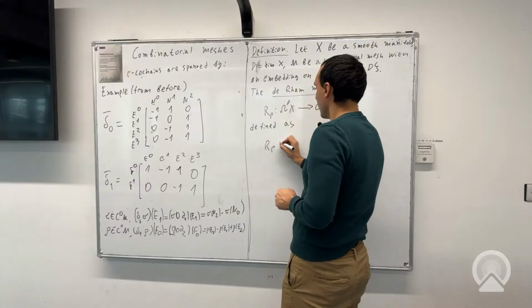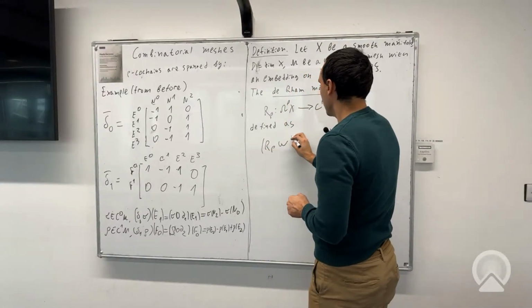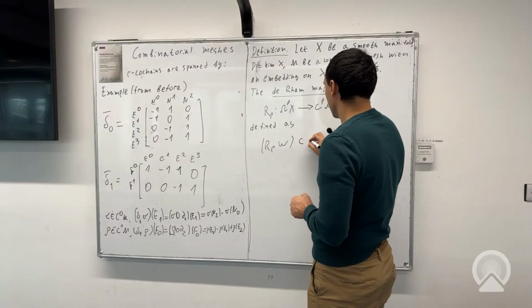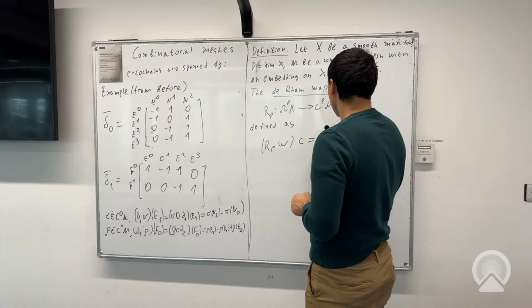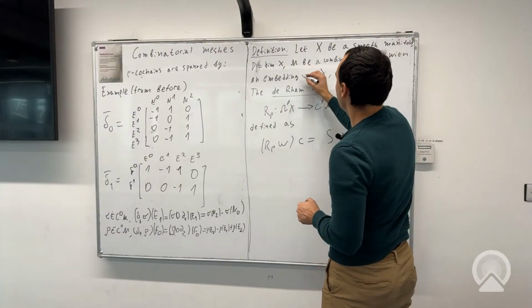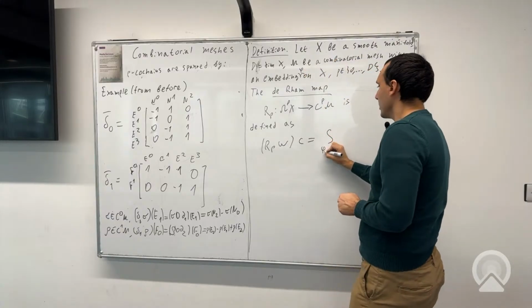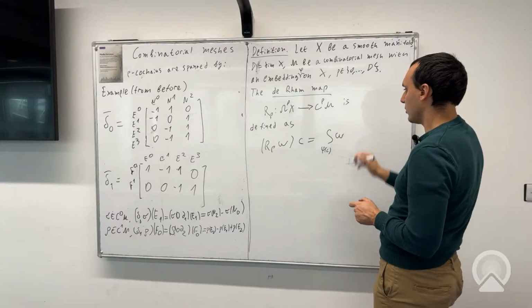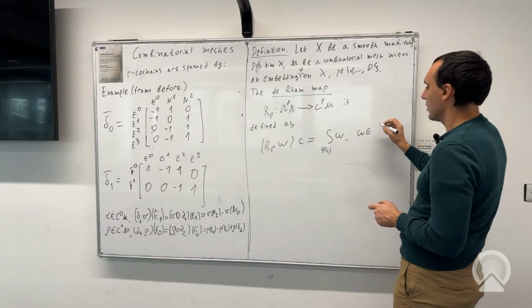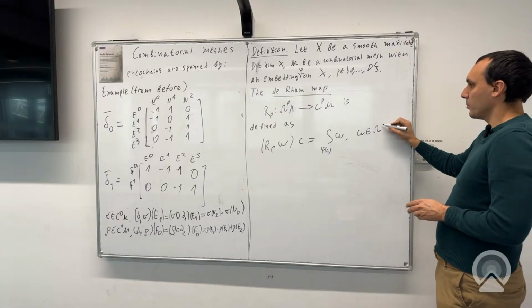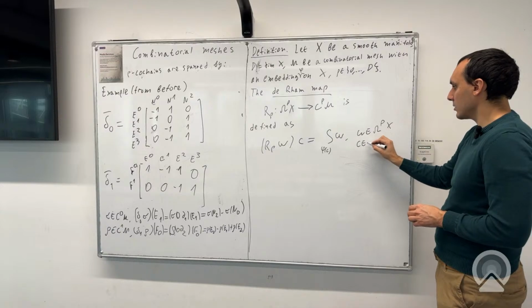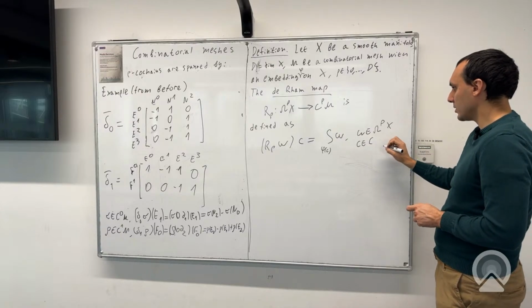R^p: we take some form omega, and we apply it to a cochain, to a cell c, as the integral over some embedding, let's call it phi, of the form applied on the embedding. So here omega is a p-form and c is a p-chain, a p-cell.